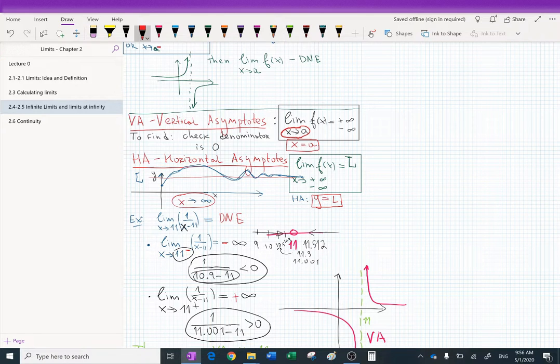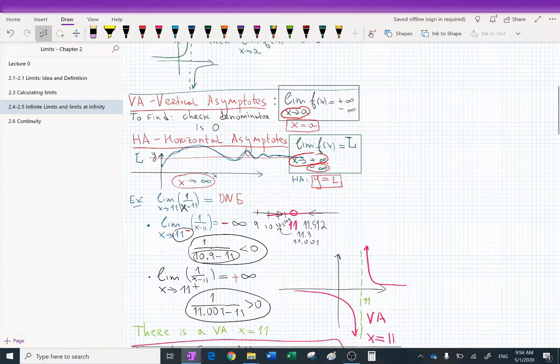A horizontal asymptote is the one when x is going really far to the right or really far to the left, but the output is a finite number. That gives the idea that the function, really far to the right or to the left, sticks around some kind of number and gives you the horizontal asymptote.